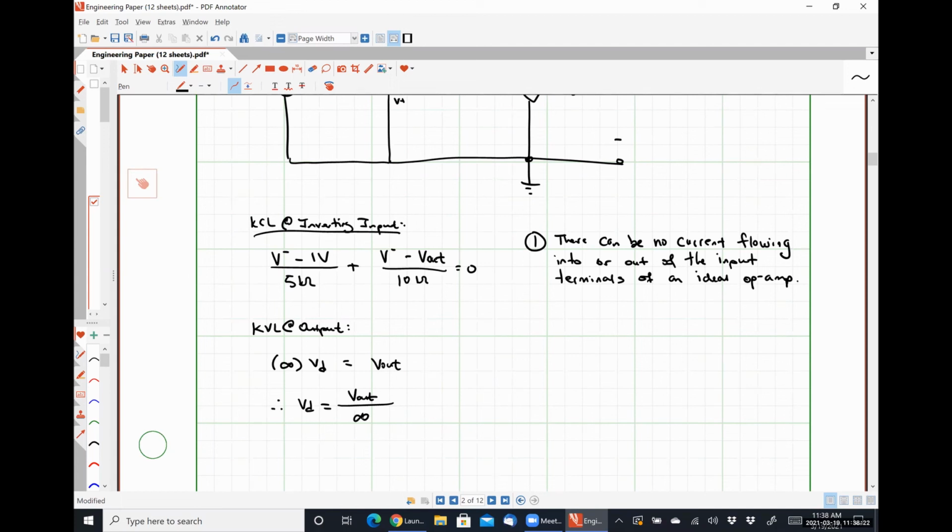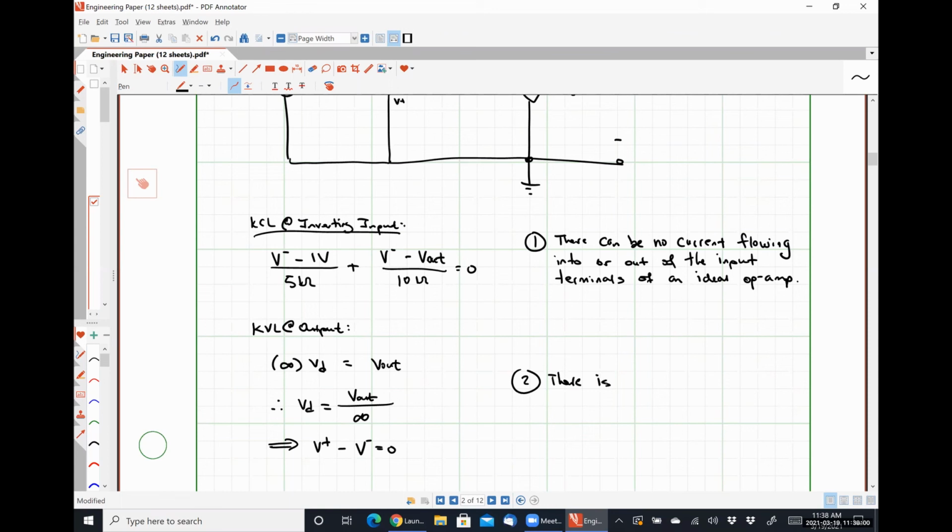My differential voltage VD is 0, which means the voltage present at my inverting input terminal must be identical to the voltage present at my non-inverting input terminal. So this tells me that V plus minus V minus is equal to 0. This is what's known as our voltage constraint, and it is where ideal op amp rule number 2 comes from.